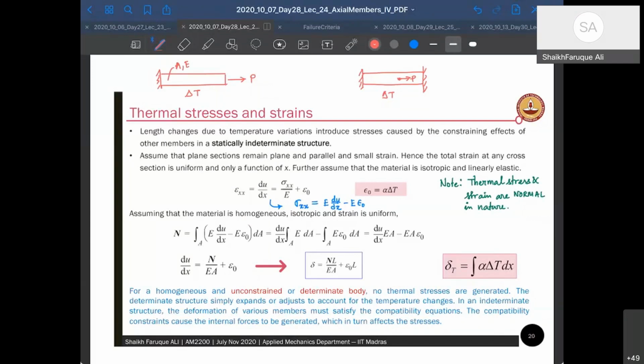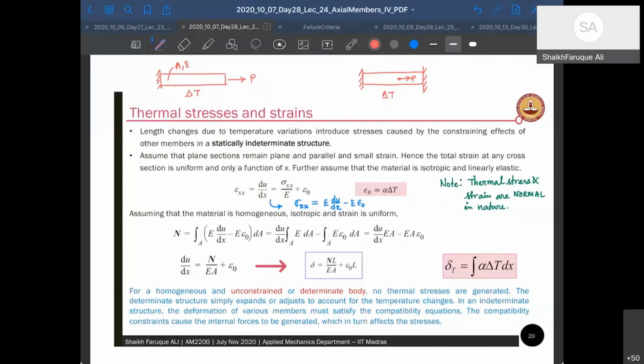Those forces will be generated because of the change in temperature delta T. So as long as your structure is determinate, not only this rod, any determinate structure, you increase the temperature, that will just change its geometrical structure. It will get into a new geometrical stability, but it will not raise any kind of stresses within its members. Stresses in the member only will generate if the structure is indeterminate. So thermal stresses are only for indeterminate structures.